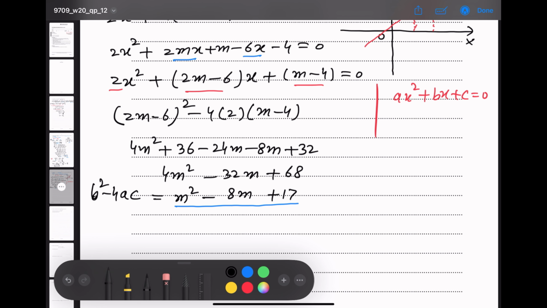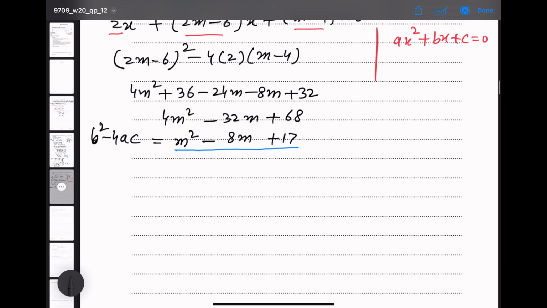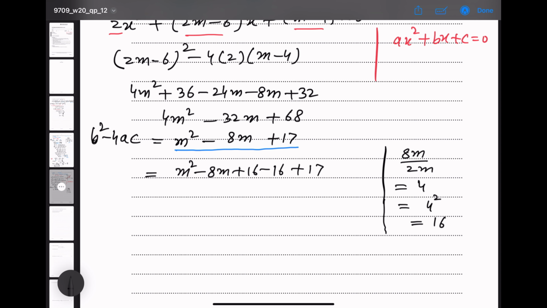So we will first write it in completing square form. In completing square form, what do we do? We divide the coefficient of the m term by 2, the answer is 4. Because the square term is missing, we will take the square of 4, that is 16. Adding and subtracting 16 here, m square minus 8m plus 16 minus 16 plus 17.